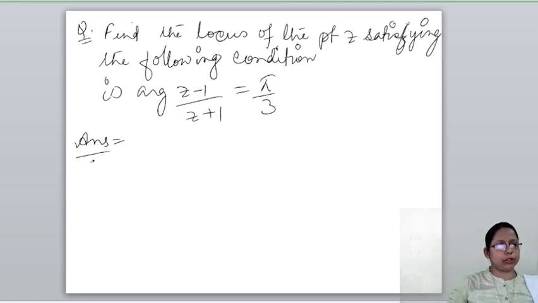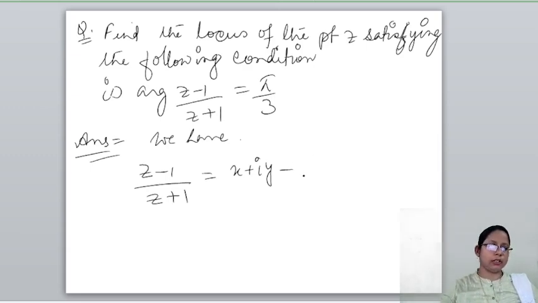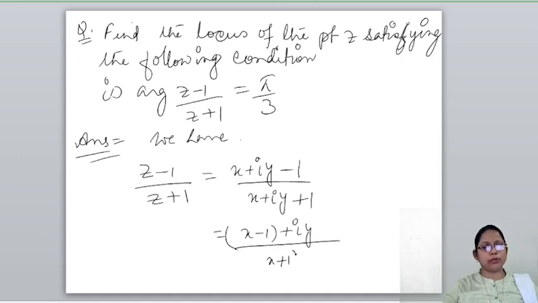Answer: we have (z minus 1) by (z plus 1), where the complex number z is in the form x plus iy. So this is (x plus iy minus 1) by (x plus iy plus 1), which can be written as (x minus 1 plus iy) by (x plus 1 plus iy).